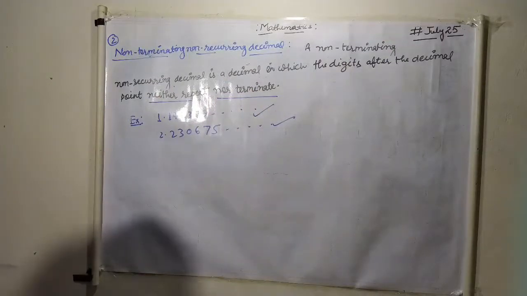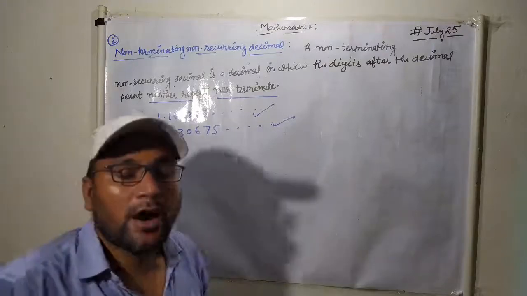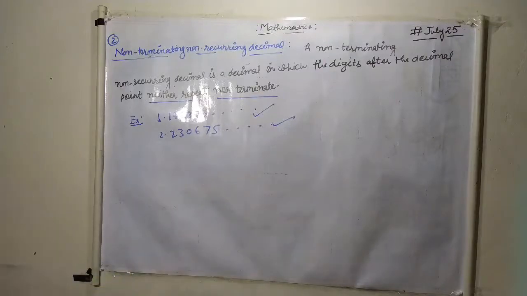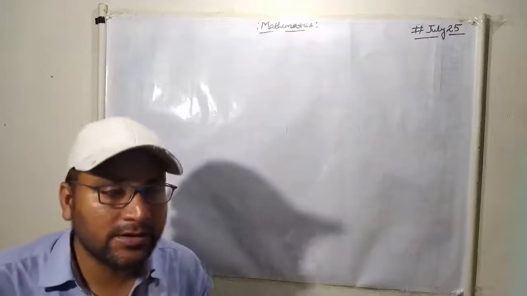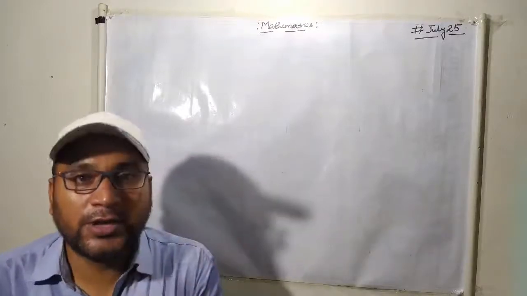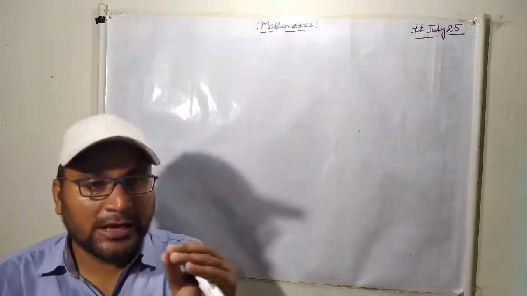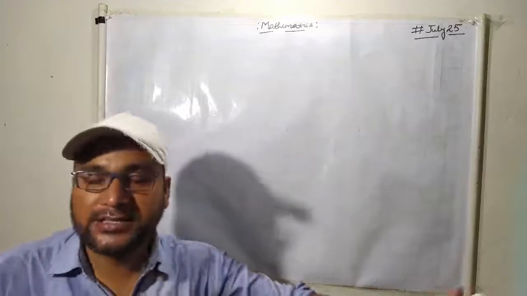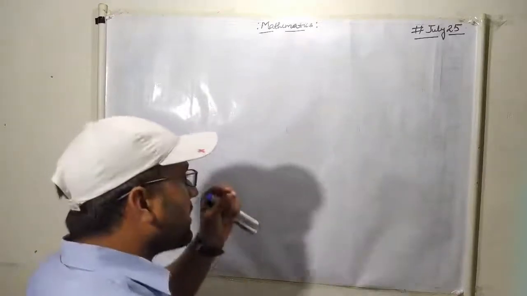After that, I want to explain how to solve your problem. Always remember this point, students: how will you tell, without actual division, whether this one is a terminating decimal and this one is a non-terminating decimal? It is a very easy way to define that.